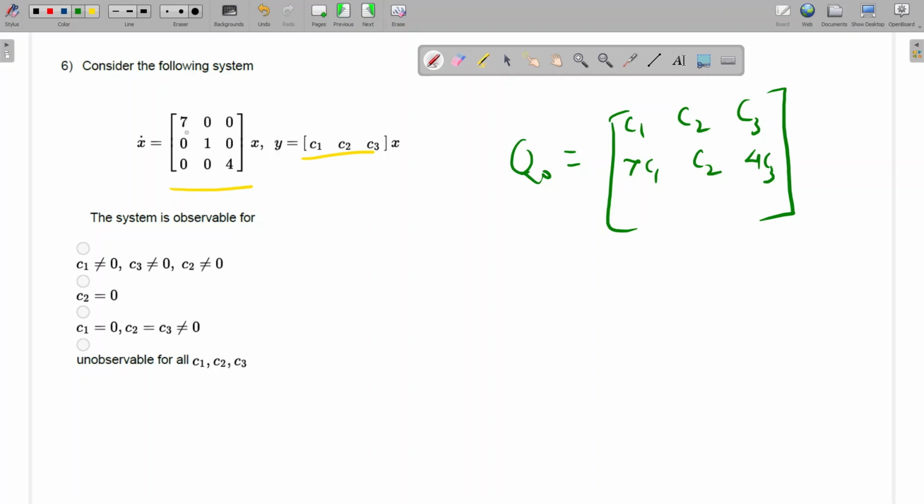So A square will be the square of this one. Okay, 49 will come, 1 will come, and 16 will come. So 49 C1, C2 and 16 C3. Correct? So what will be the determinant for this one? QO determinant we have to calculate.